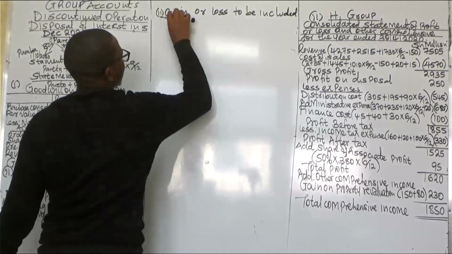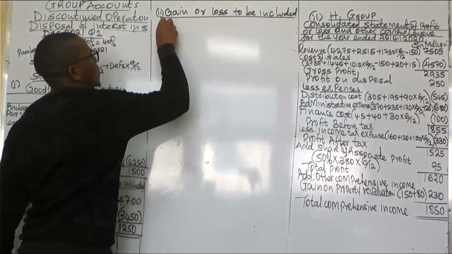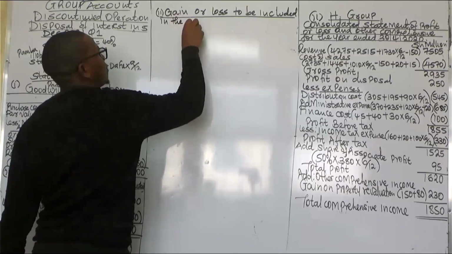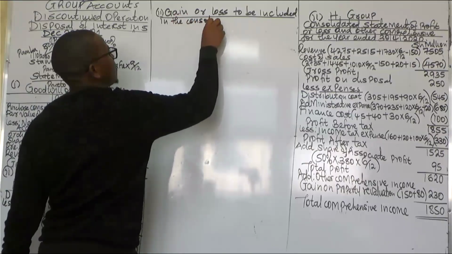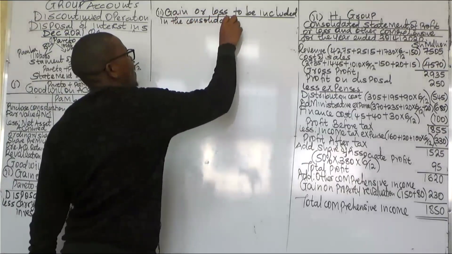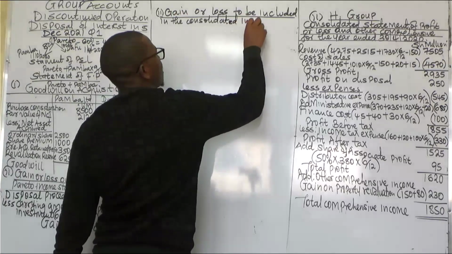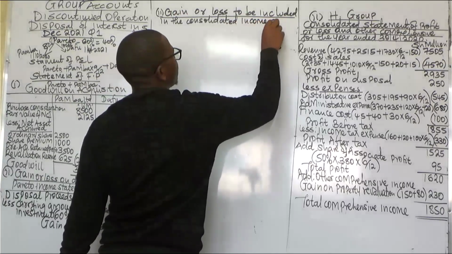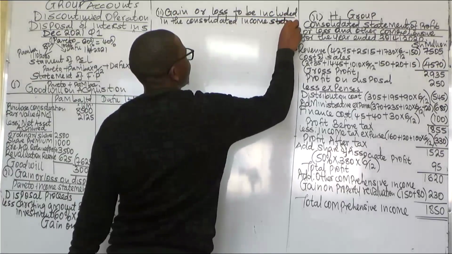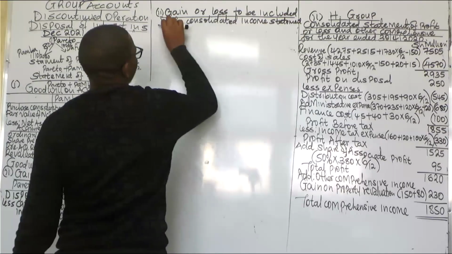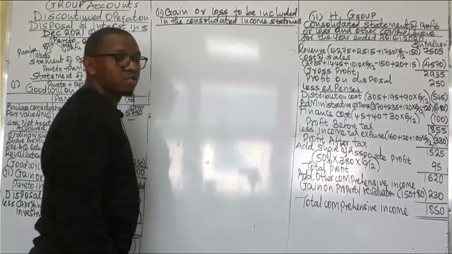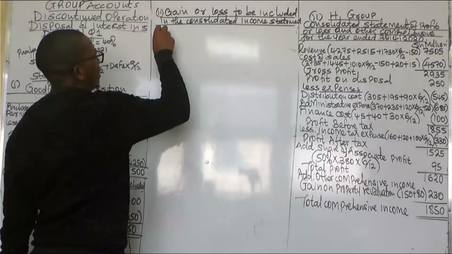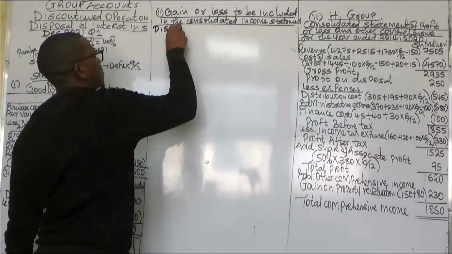This is in the consolidated income statement. So here we'll again take the disposal proceeds.